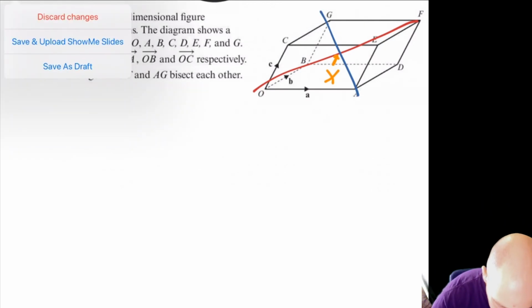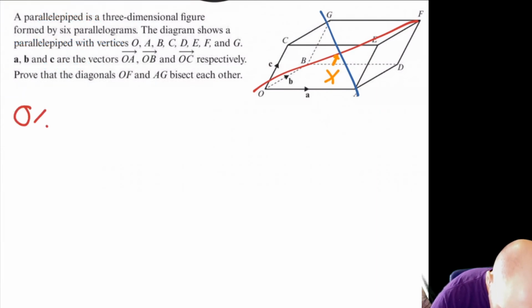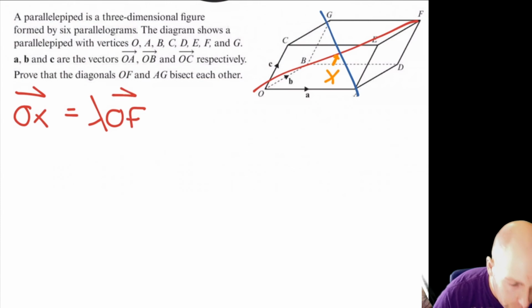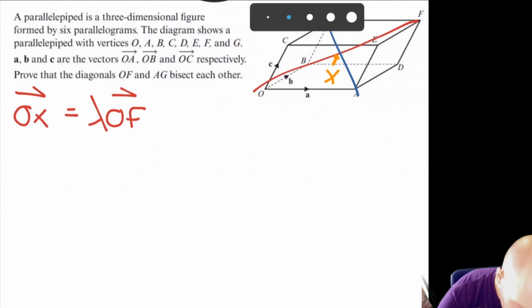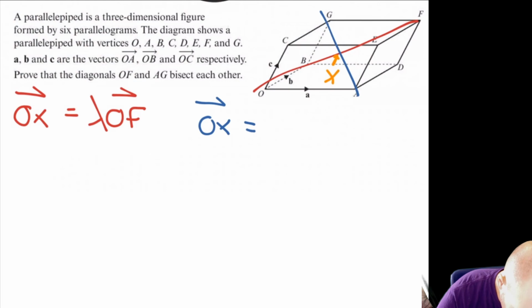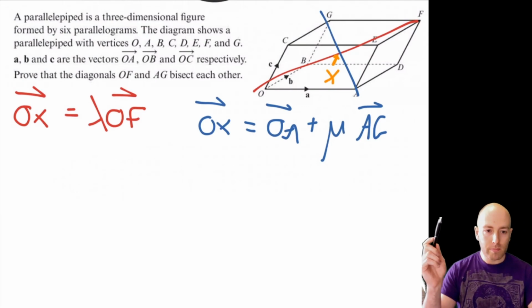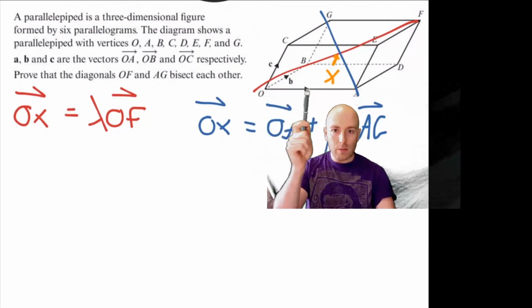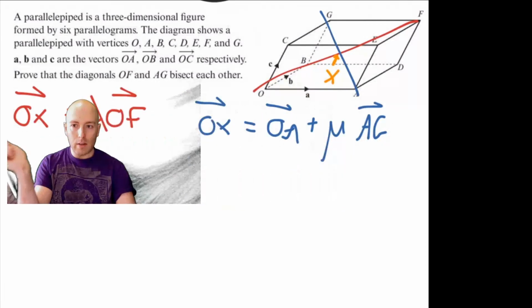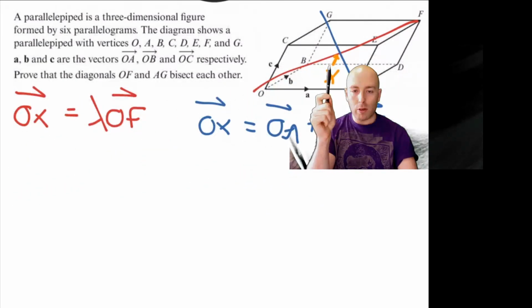To do it via the red line, nice and easy, OX equals lambda OF. My other route, OX, is going to be O to A plus mu AG. So that's going this way, and then this route is going straight there.